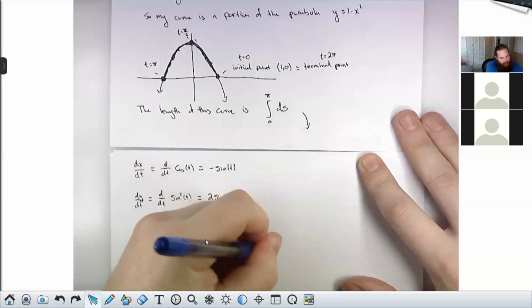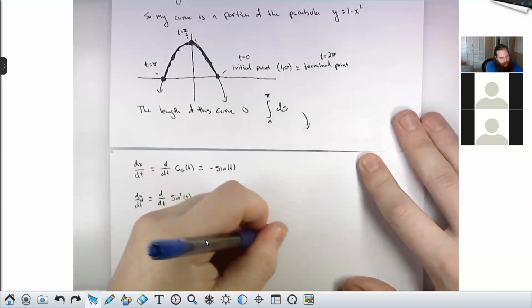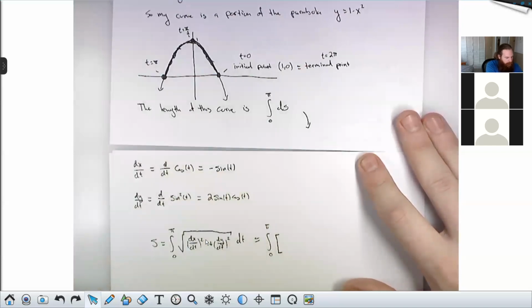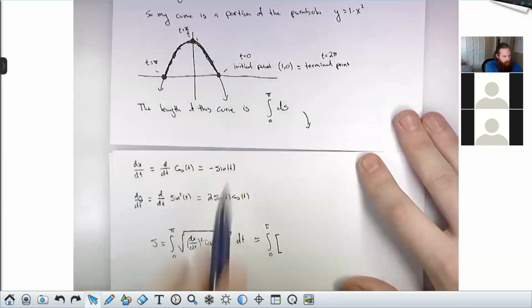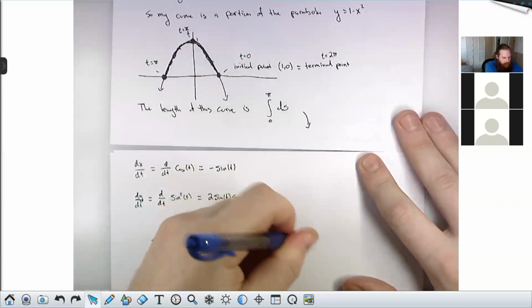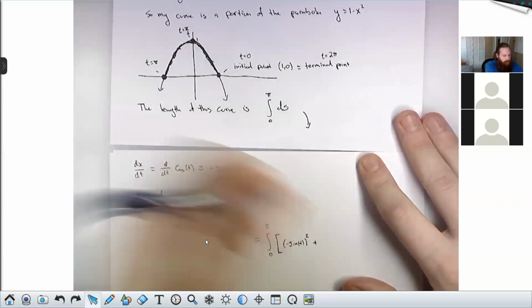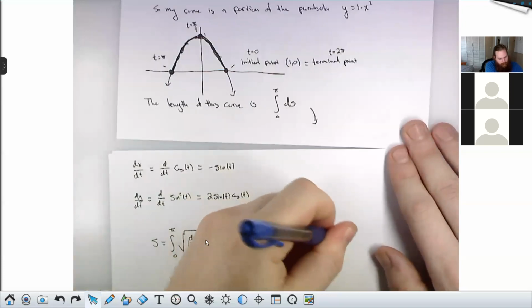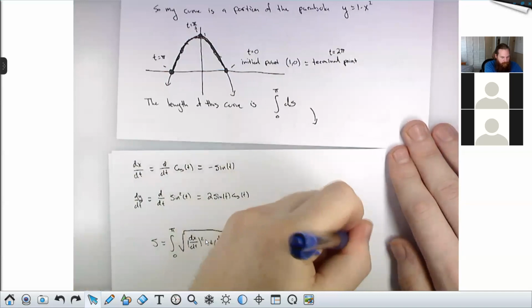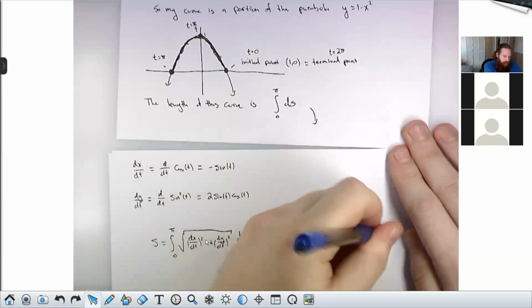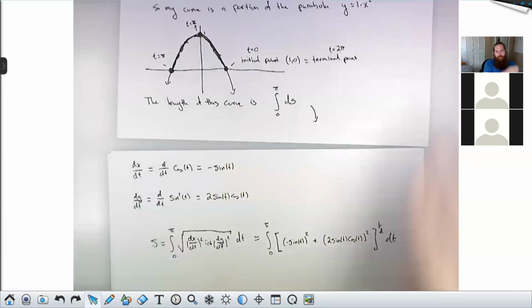I'm going to write the square root as a 1/2 power to save my hands. dx dt squared is negative sine t squared plus dy dt squared is 2 sine t cos t squared, and all this is being raised to the 1/2 power times dt.